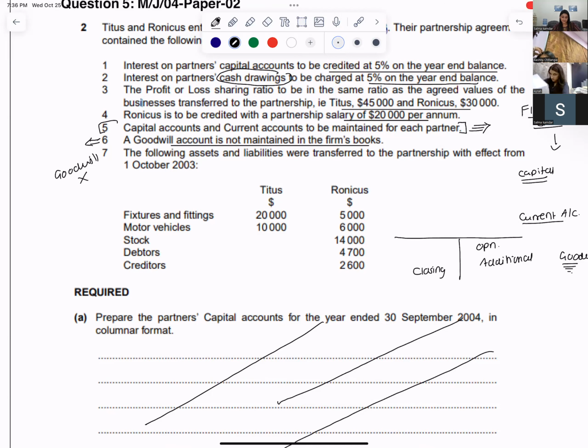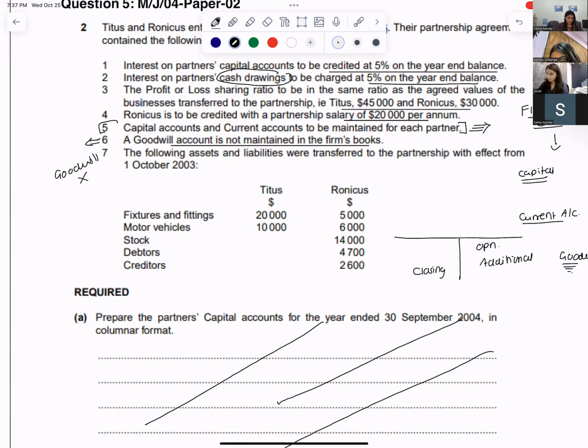Go ahead. Read the question. The following assets and liabilities were transferred to the partnership with effect from 1st October 2003: fixtures and fittings, motor vehicles, stock, debtors, and creditors.